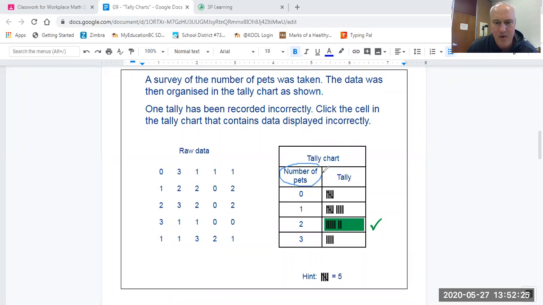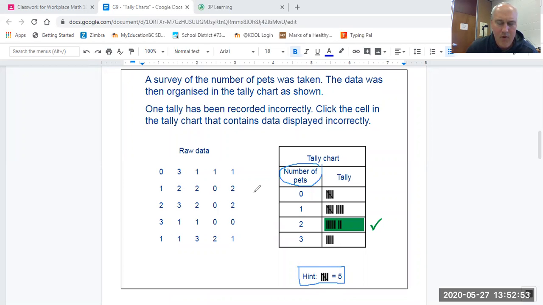Over here we have 25 numbers, so 5 by 5. Basically, they asked the people, how many pets do you have? And some people answered 0, some answered 1, some answered 2, some answered 3. It also gives us a little hint that when we record 5 as the total number, we would put 1, 2, 3, 4, and then a slash through for 5.